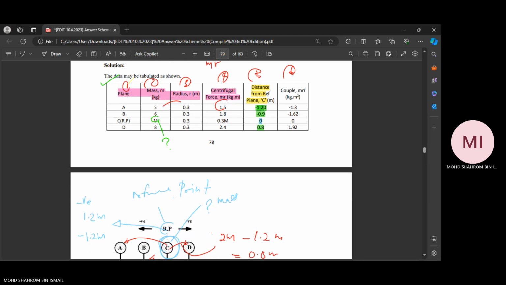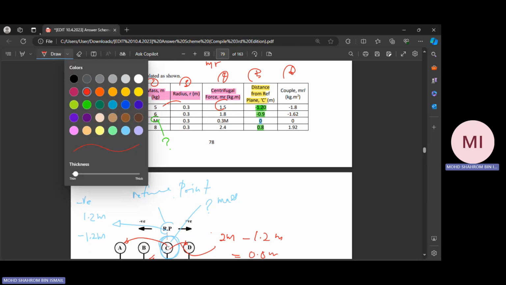Now we're going to go for our 6th column. The 6th column is very simple, I think. Once you manage to define the 5th column, your job is much easier.